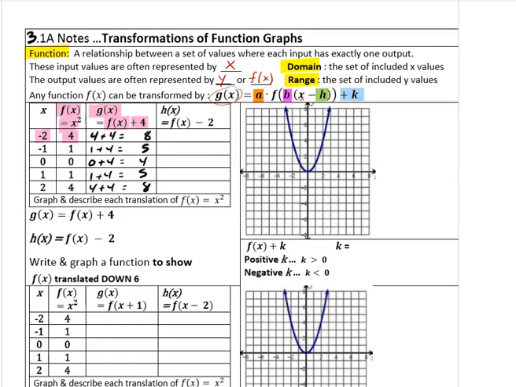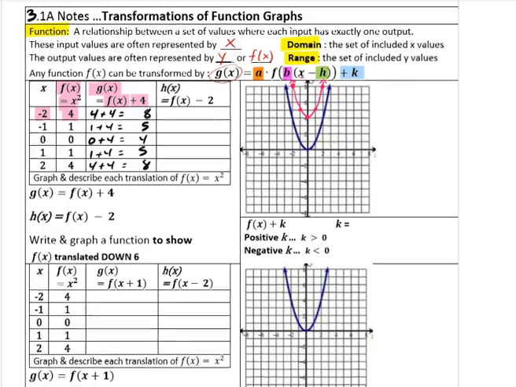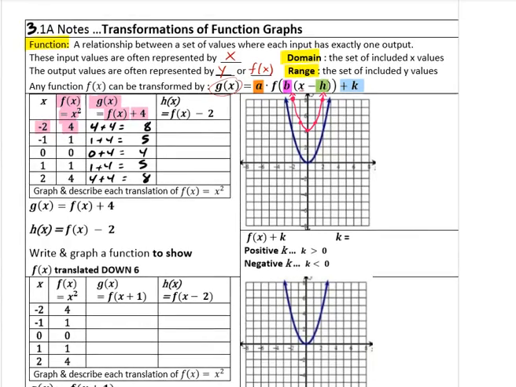So now I want to graph this new function, which is my g of x function. And so we get this graph in pink that I just drew over here. It's my blue graph, just shifted upwards 4. So down here I'm going to write, in terms of words, g of x is f of x plus 4.